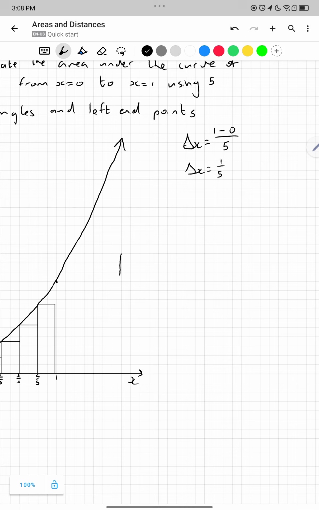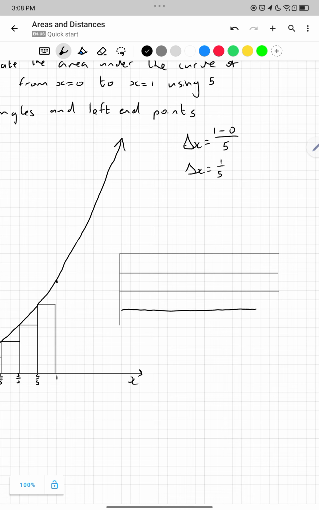So bring a bit of a table again. So it's width, sample points, height, something like this. This will be our sample point row, this will be our height row, and this will be our width row.